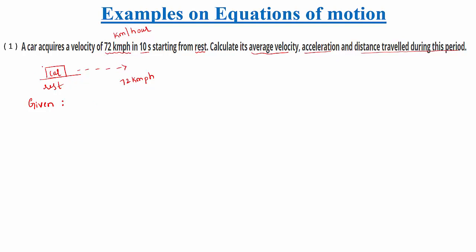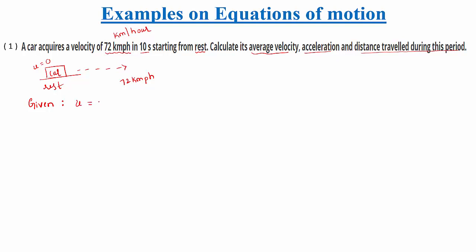Initial velocity of the car will be 0 because the car is at rest. Now the car is moving and its velocity increases, then the final velocity of the car becomes 72 km per hour.